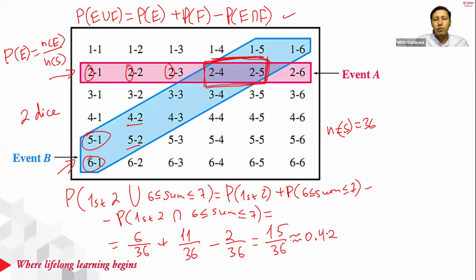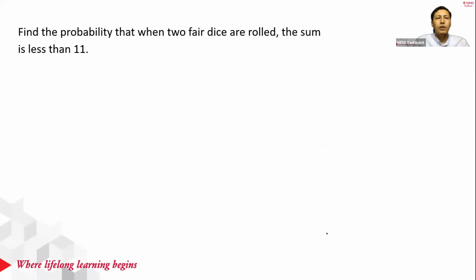Okay, now we start a new formula. So next one: find the probability that when two dice are rolled, the sum is less than 11. So here you can count. It's about sum less than 11. Okay, we have to find this one.